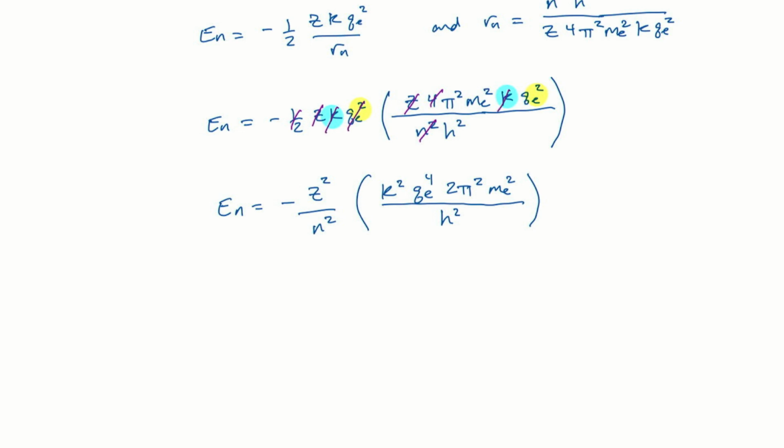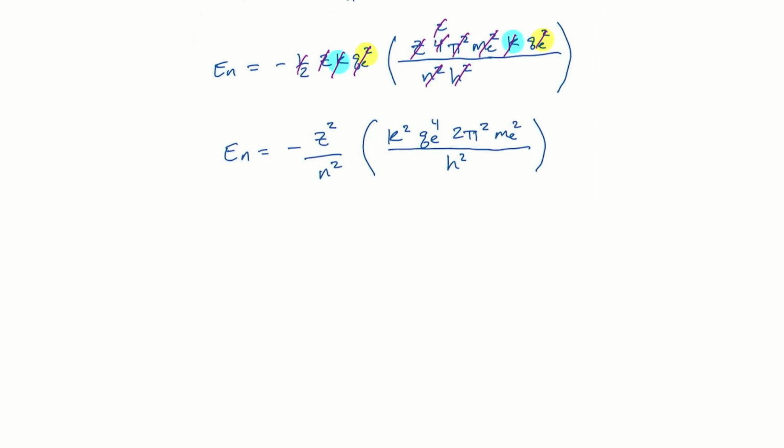We've got the QE to the 4th. When I canceled that, the 1/2 and the 4, that left behind a 2. And so now we've got the 2 pi squared, me squared, and h squared. Okay, so we've got it. Everything looks good.